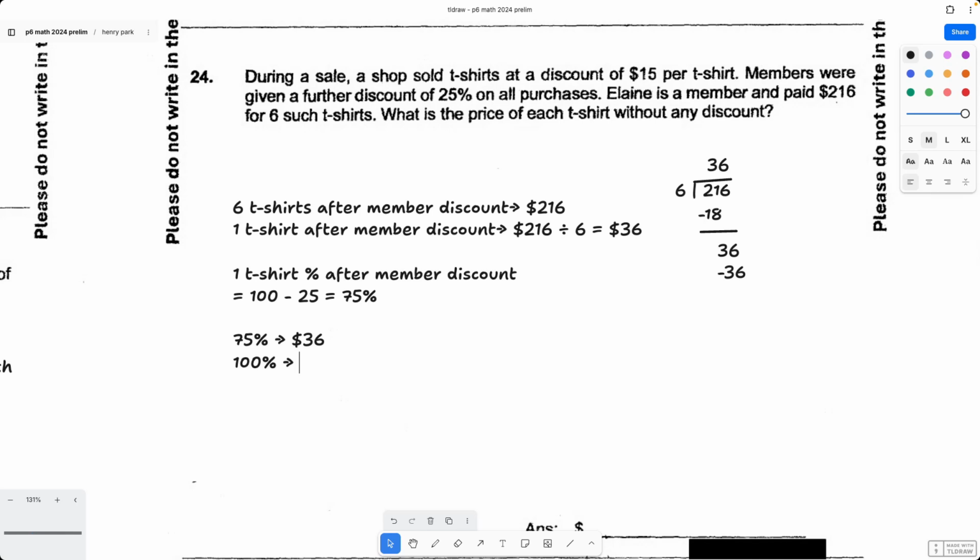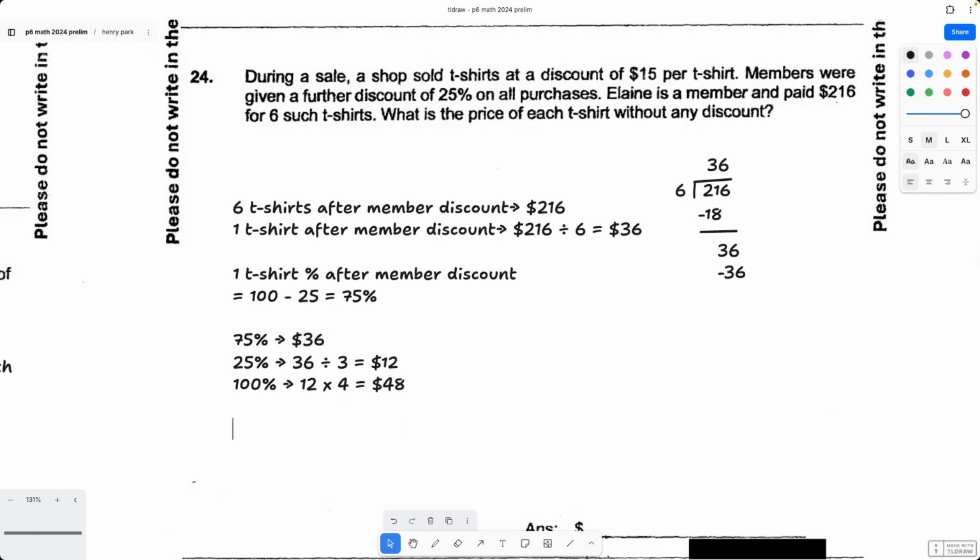So 100% is equal to, well, 75% is basically three quarters, right? The simplest one is just 25%. So in this case, 36 divided by 3 is equal to $12, and then 100% is equal to 12 times 4, which is $48.